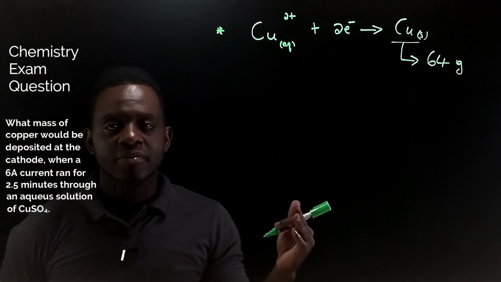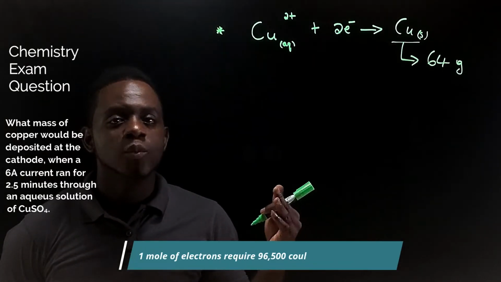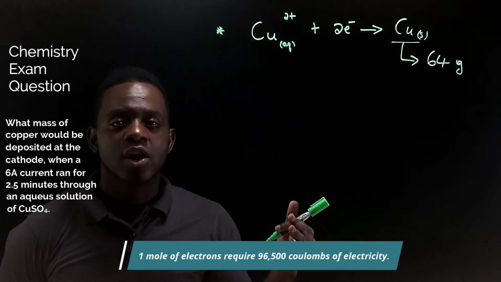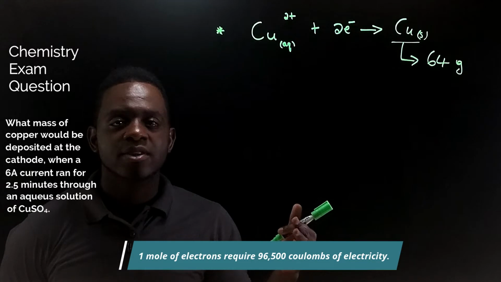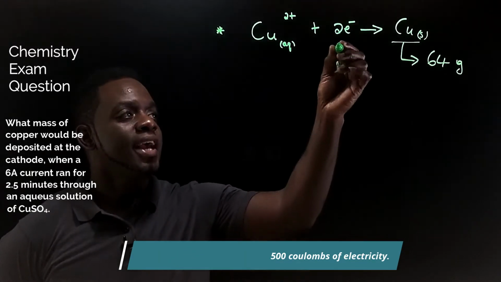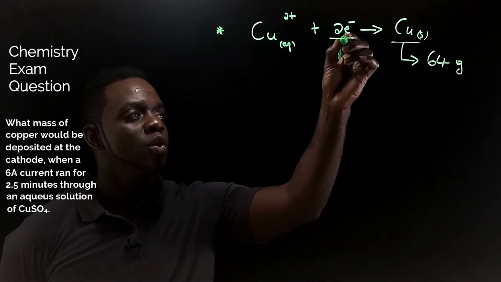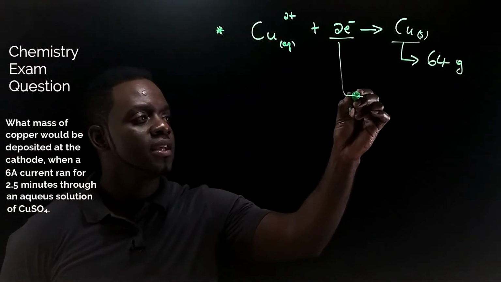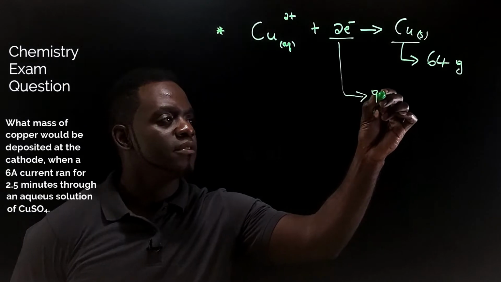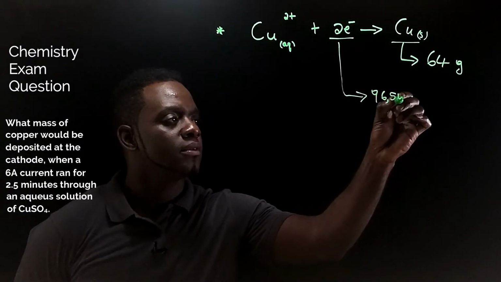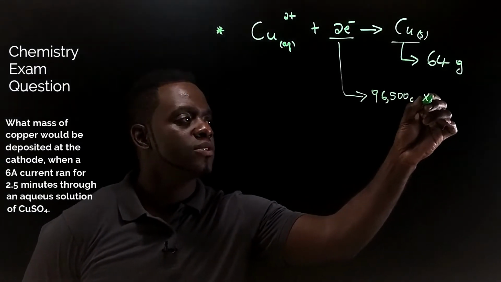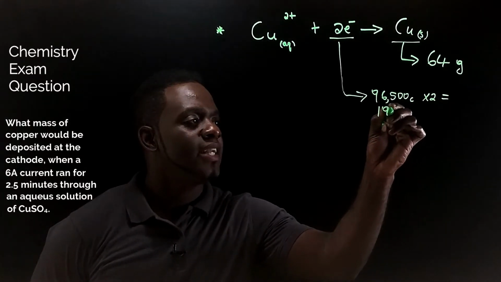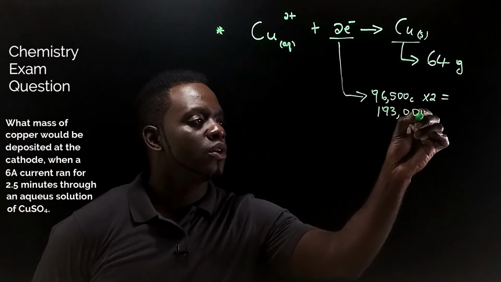And based on the theory that 1 mole of electrons will require a charge of 96,500 coulombs, we can say that the amount of coulombs required for 1 mole of copper to be discharged is 96,500 coulombs times 2, which is 193,000 coulombs.